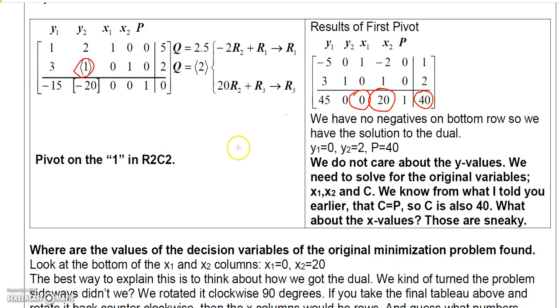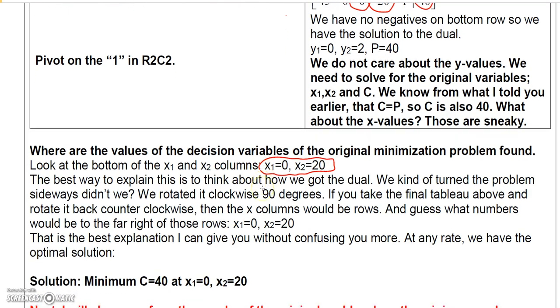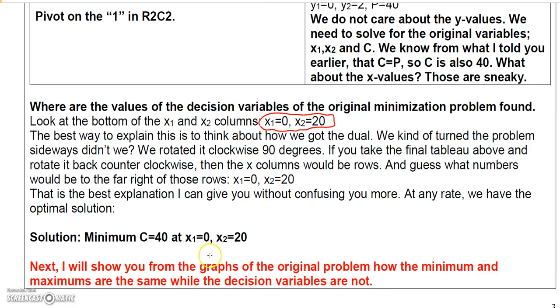And so the solution would be x1 is 0 and x2 is 20. And so there's your solution for the original problem. And then the minimum value for c would be 40. So the solution would be a minimum value of c of 40 when x1 is 0 and x2 is 20.